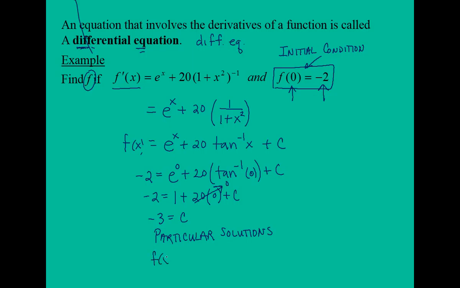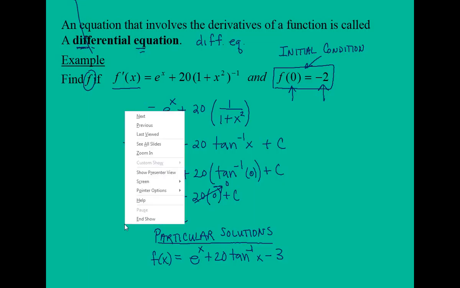So our function would be e to the x plus 20 times tangent inverse of x minus 3. That's our particular solution, because we were given an initial condition.